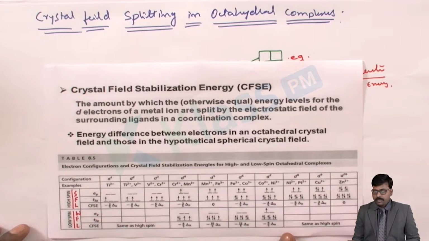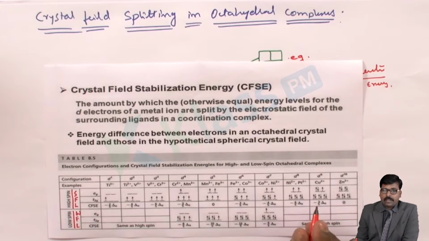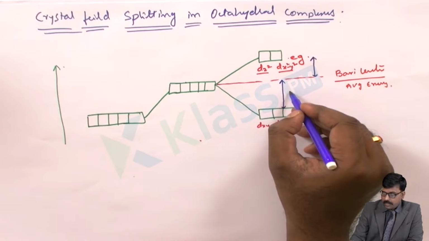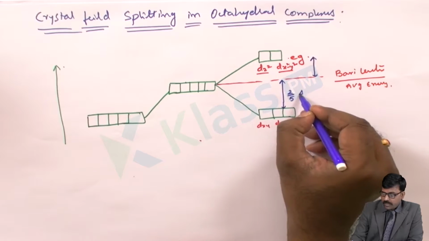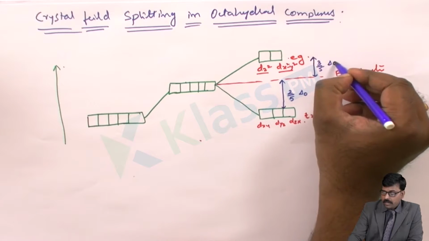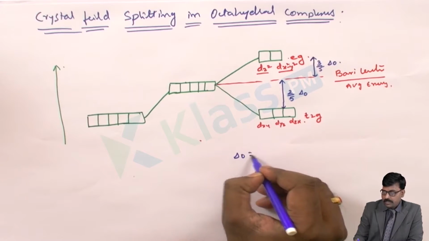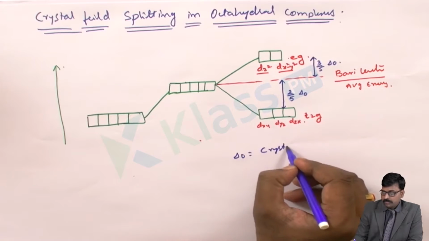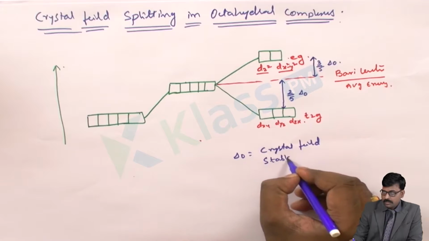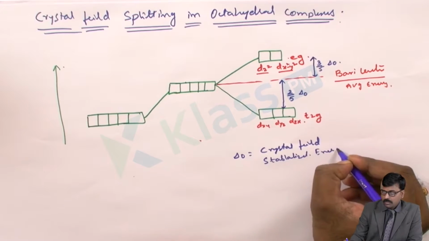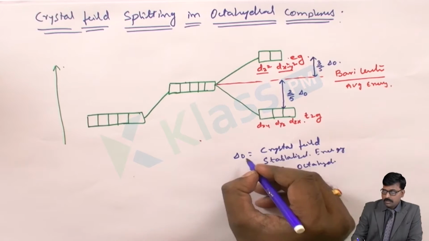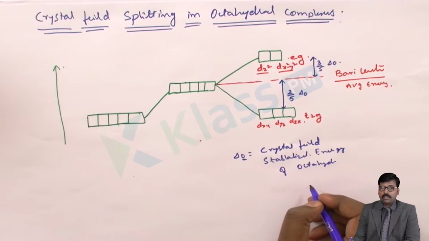So in this crystal field splitting, the energy difference here is 2 by 5 delta O and this is 3 by 5 delta O. The delta O means the crystal field splitting energy of the octahedral complex. The O indicates the octahedral complex.